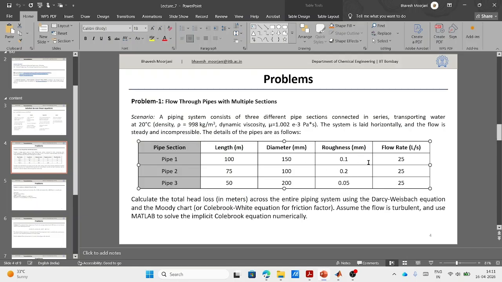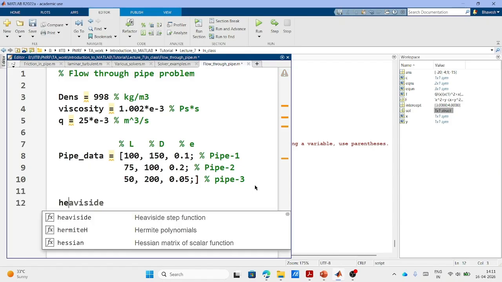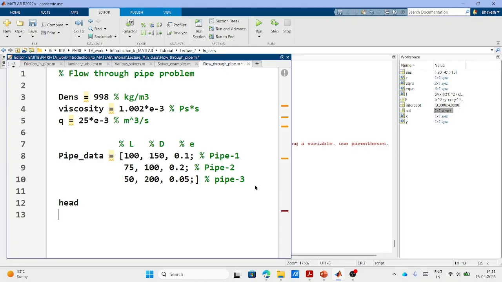So this is one piece of information. Now the rest of the things we have to calculate, right? We have to find the head loss. So I will create a variable called total head loss, and it starts with the value of 0. We will set up one for loop. That for loop will go for all three pipes, right?